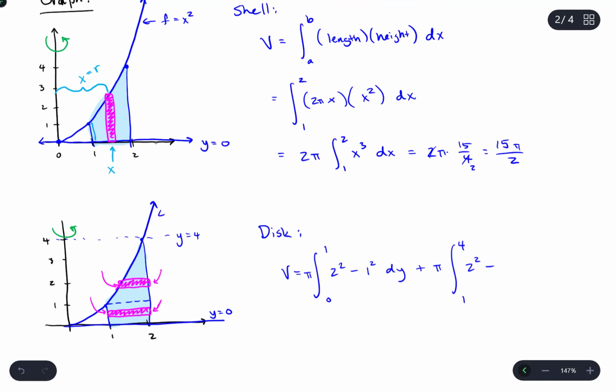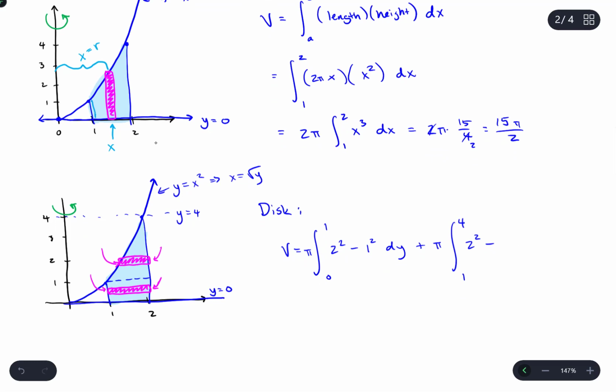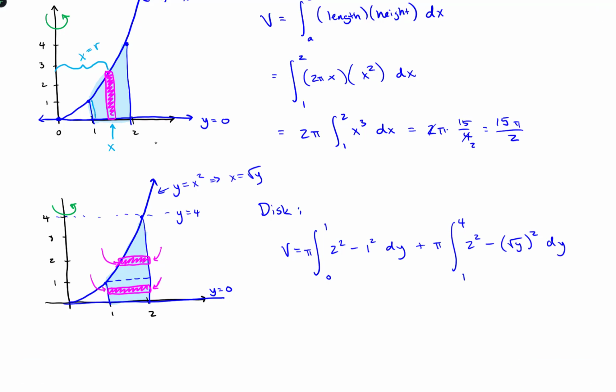The function is y equals x squared, which becomes x equals the square root of y. All right, so then it's going to be the square root of y squared dy. And you should be able to plug this into your FN int at this point and get the same answer. We should still get 15 pi over 2.